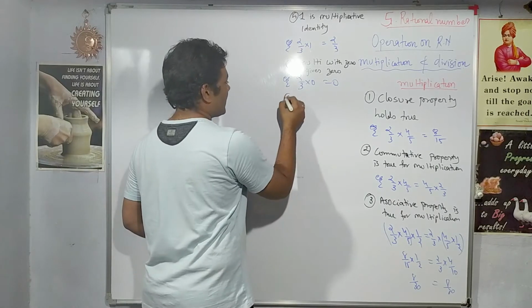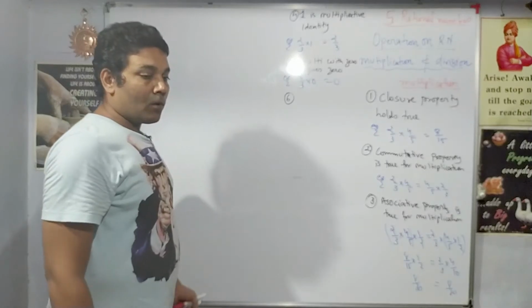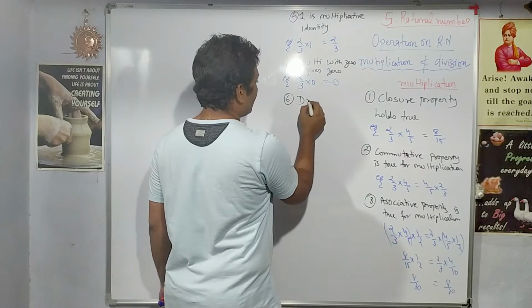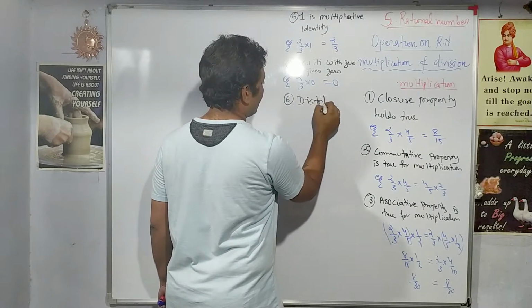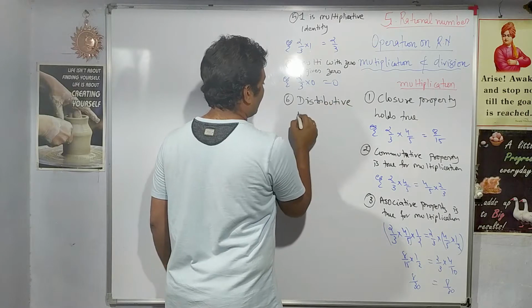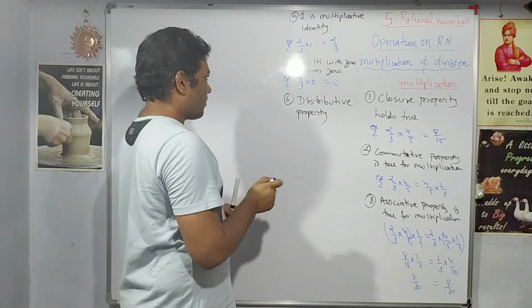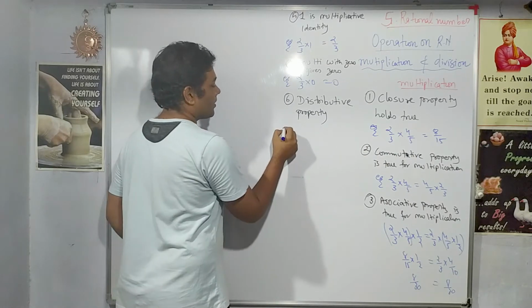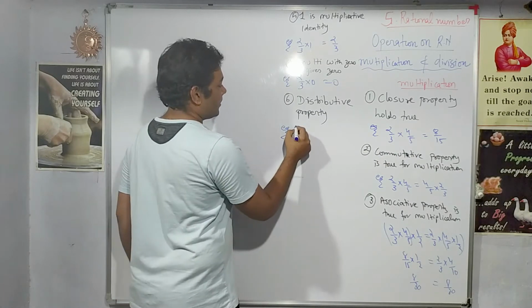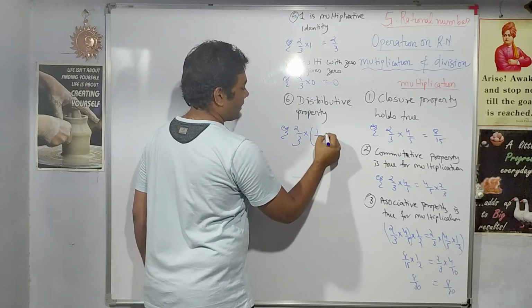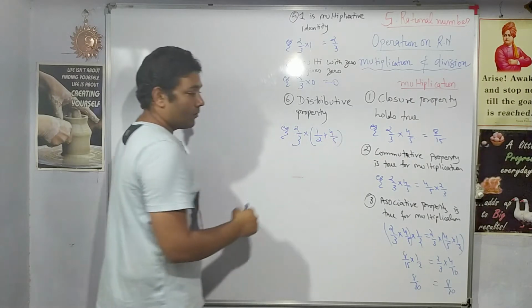Then let us look at the sixth property, the distributive property. What do we mean by the distributive property? Pay attention, this is something different. Let us say 2 by 3 multiplied by the bracket of 1 by 2 plus 4 upon 5.